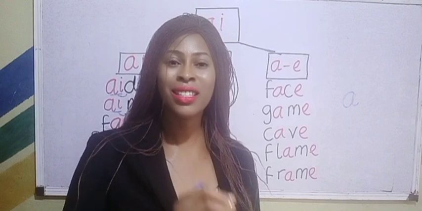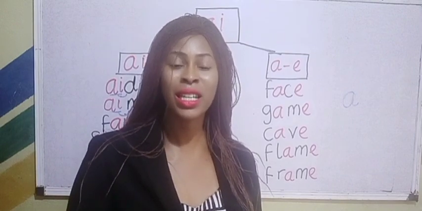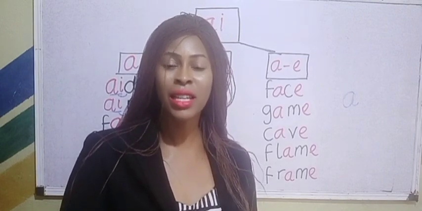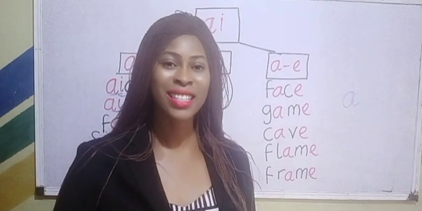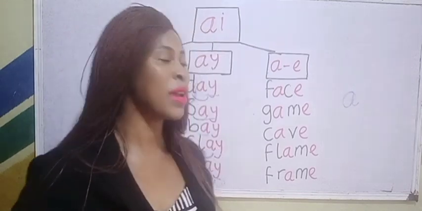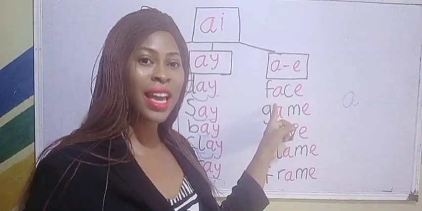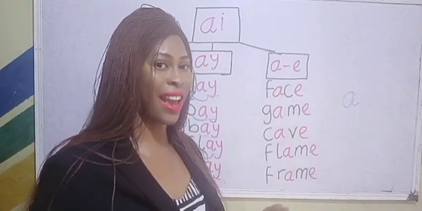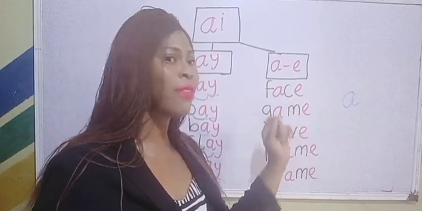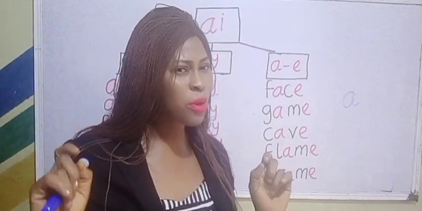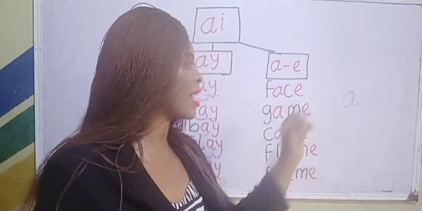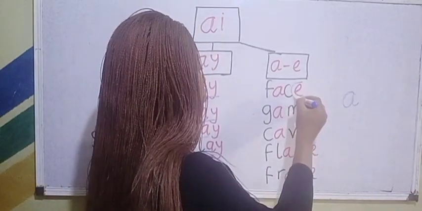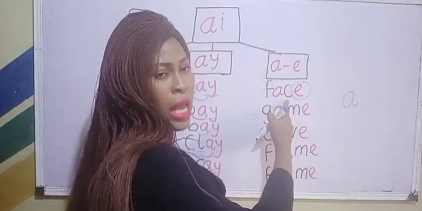The silent E will automatically change the consonant and the vowels that come before it. Now let's look at this. We have letter A sounding as A here, the real name, and then we have letter C, which ordinarily is supposed to sound as K. But because we have the silent E here, it will sound as S.